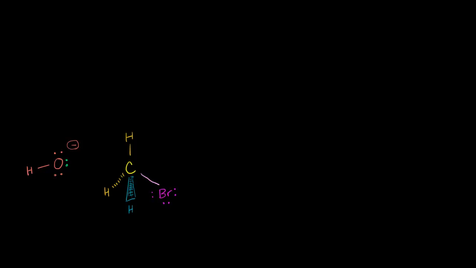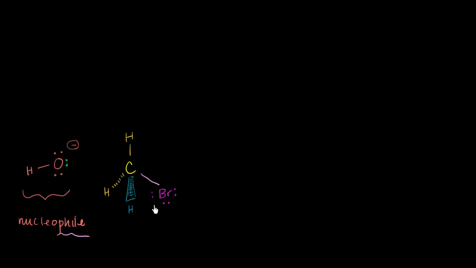And so in this reaction, we are going to refer to this hydroxide anion as the nucleophile. Phile literally refers to what something likes. It's a nucleus lover, I guess you could say. And so it might want to share a pair of electrons with a nucleus.